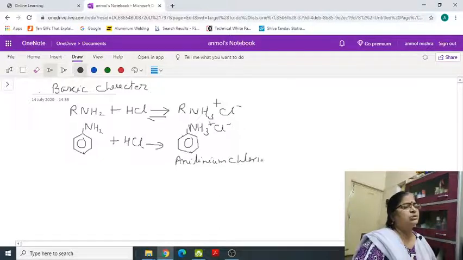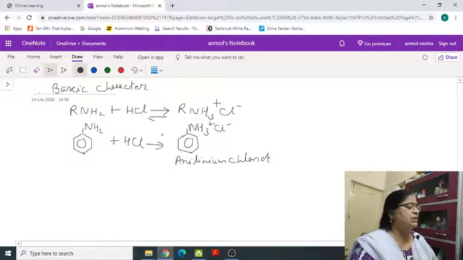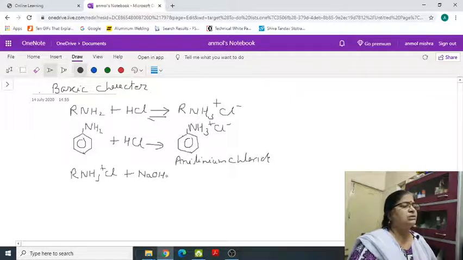So both the reactions show that amines are basic in nature, and if these salts combine with NaOH, it regenerates primary amine.